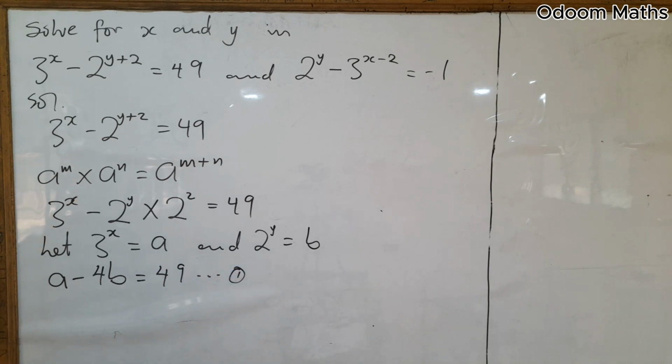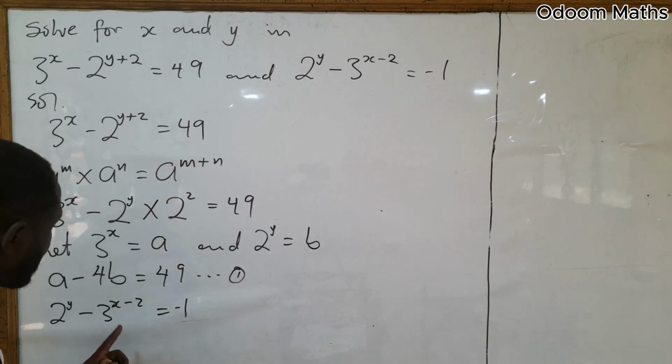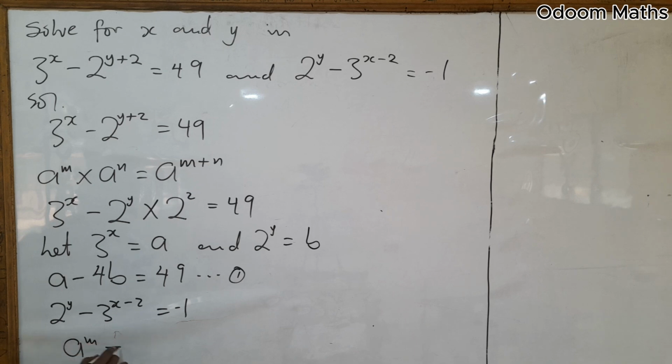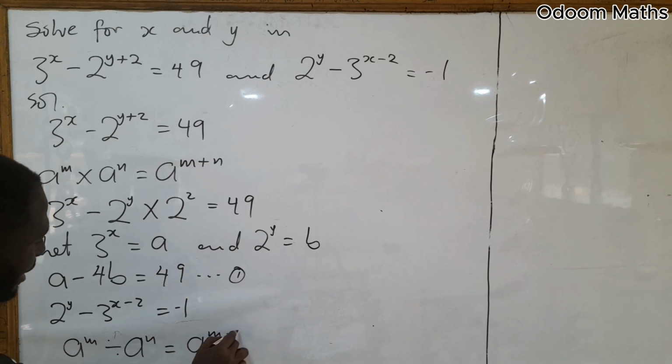Then again, let's look at this one. That is 2 to the power y minus 3 to the power x minus 2 equals negative 1. So here we can put the second law of indices to see how that is being applied. That is a to the power m divided by a to the power n becomes a to the power m minus n.